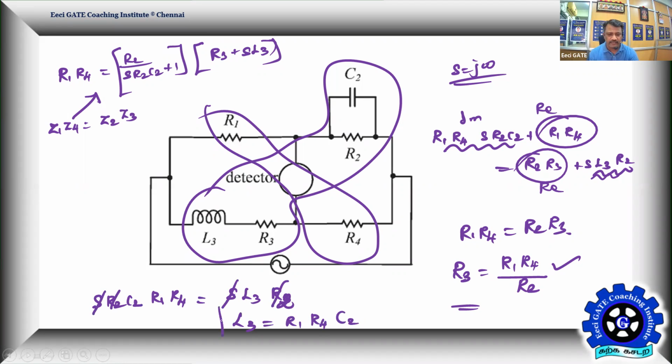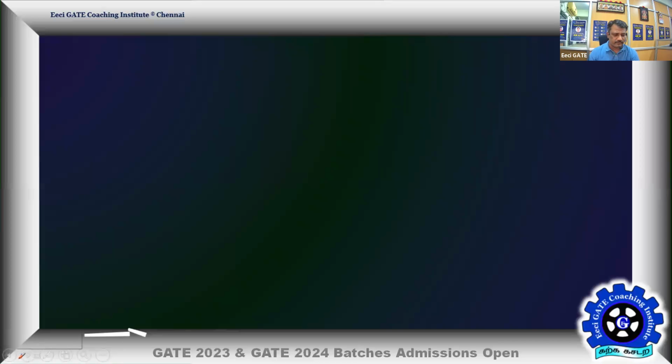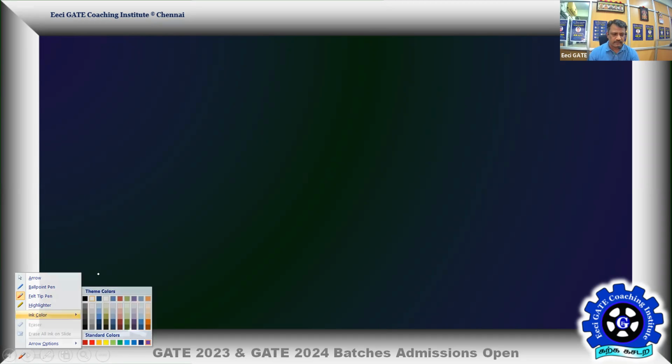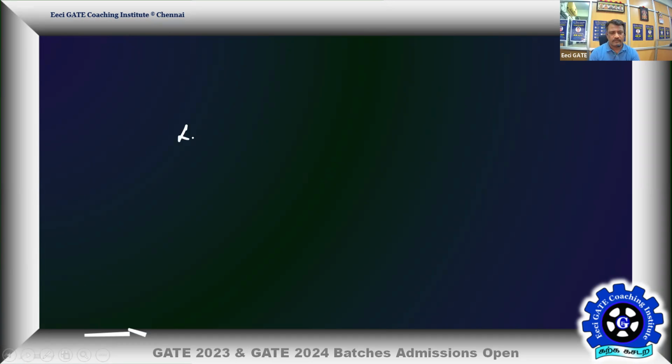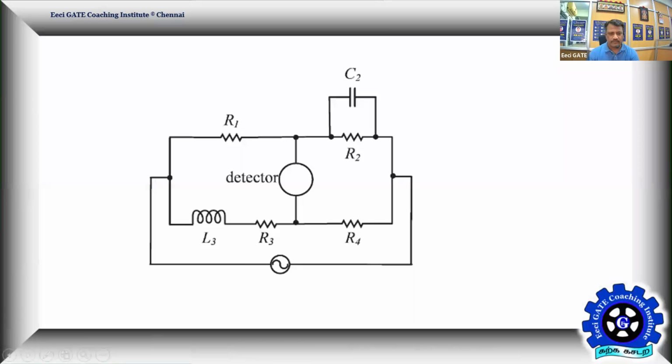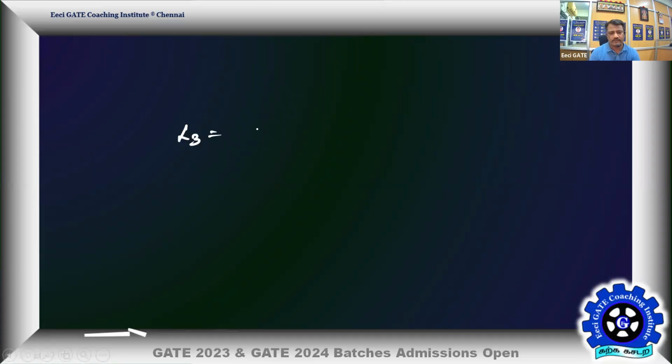This is straightforward because R1 is given, R4 is given, C2 is given. So therefore L3 is equal to R1, R4, C2.